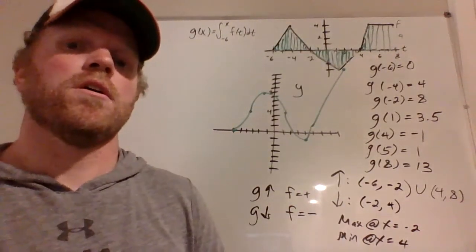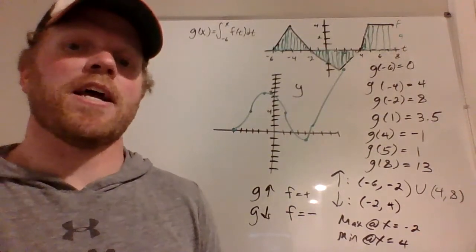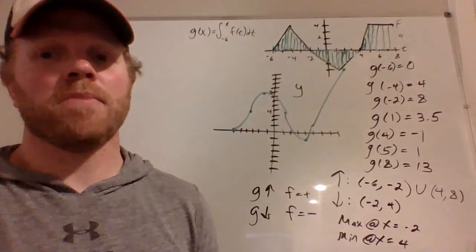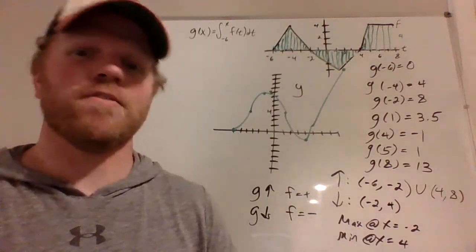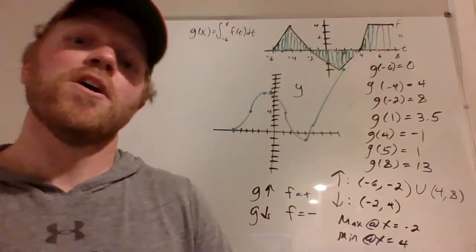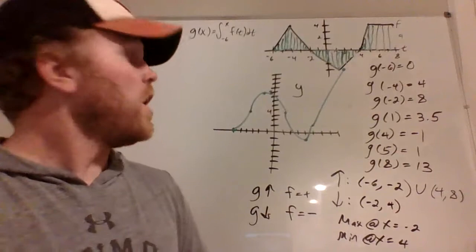So, increasing when something is positive, decreasing when something is negative. Crazy. It's like there might be some connection between these functions, as if there are other functions that are positive and it leads to something else being increasing, or negative and leading to something else being decreasing. Cough, cough, cough, the derivative.